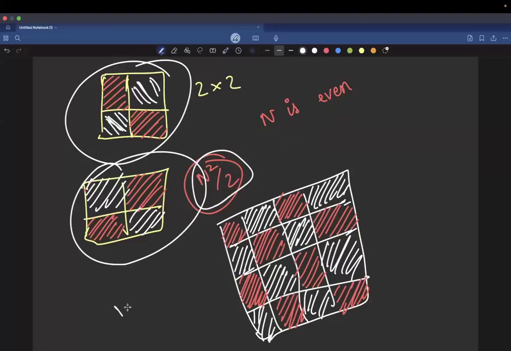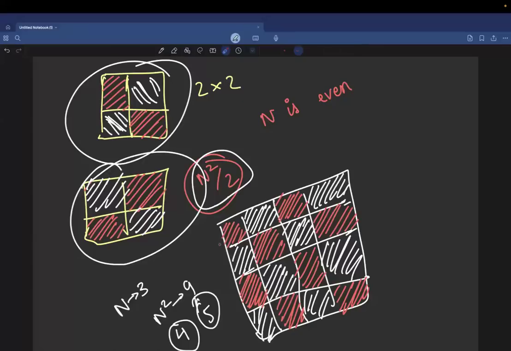Like if n is 3, then n square is 9 and the floor of n square by 2 is 4. So you will have 4 black and 5 white. So there can be more ways there. But if you have 16 squares and you have to color 8 of them as black, then you don't really have a choice. Either you have to color them as black or you will have to color these as black.